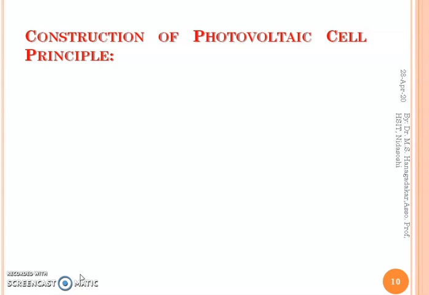In the previous lecture of solar energy, we came to know the introduction to photovoltaic cells, the advantages and disadvantages of photovoltaic cells, the utilization of solar energy by the direct method and indirect method, and also the importance of solar cells.